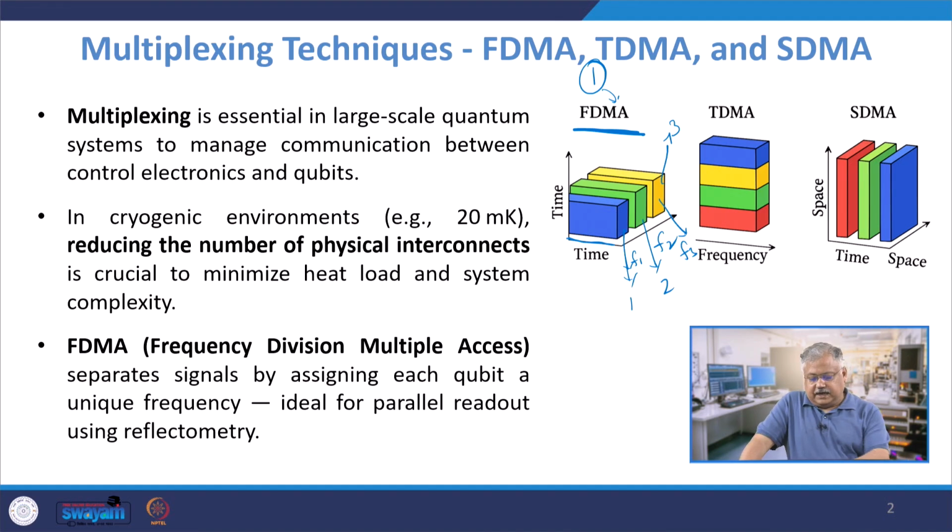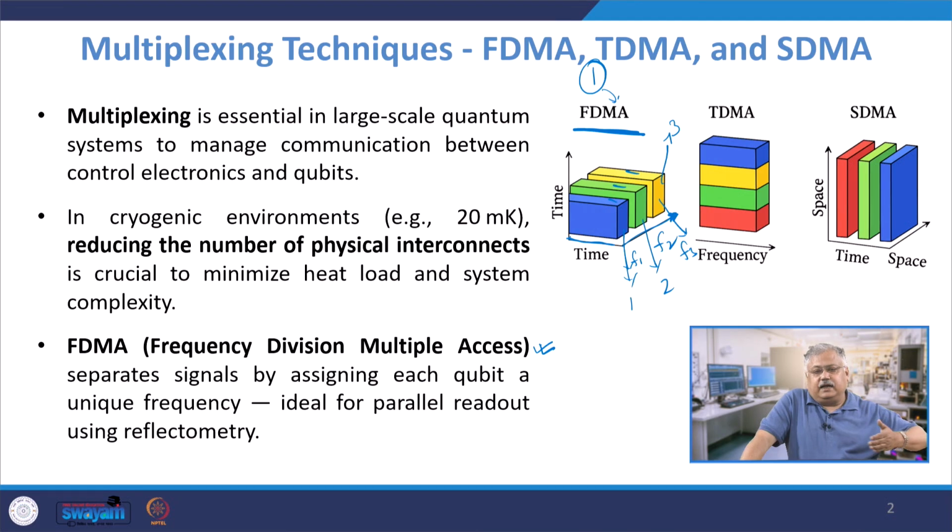Therefore, F1, F2 and F3 are the 3 unique signals attached, and this is known as frequency division multiple access. And with respect to time, this is the signal domain, and these are the blocks of information associated with each individual frequency.